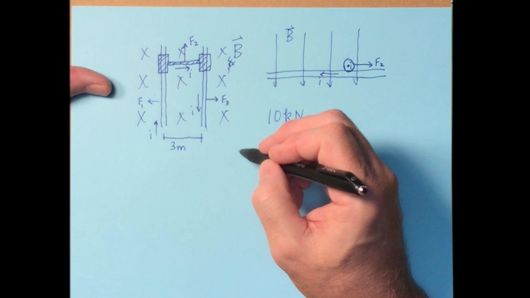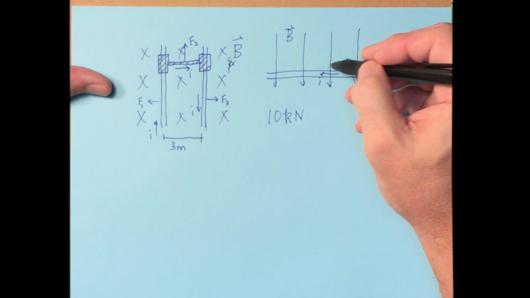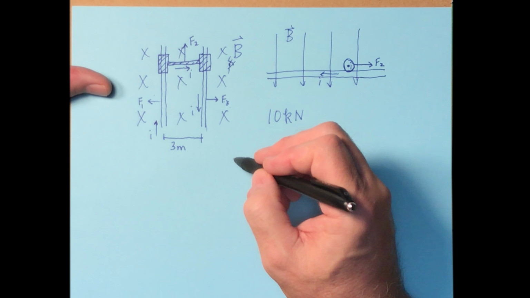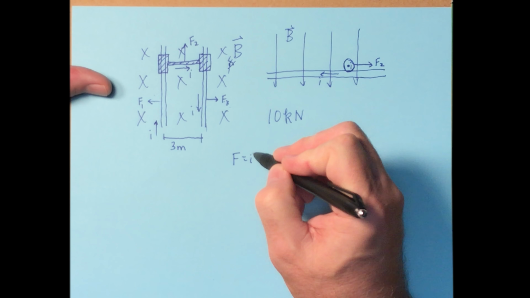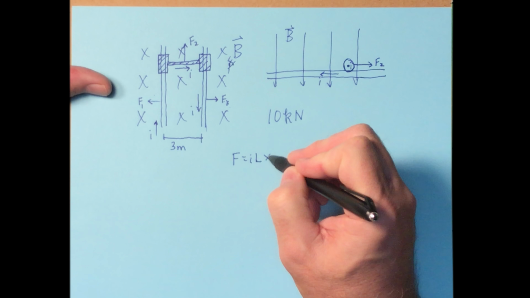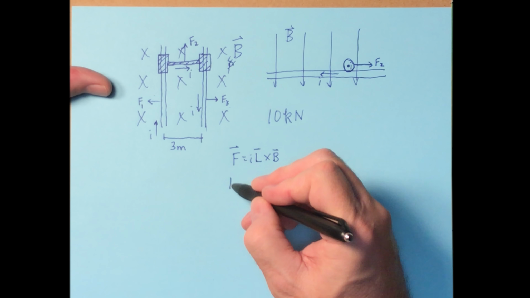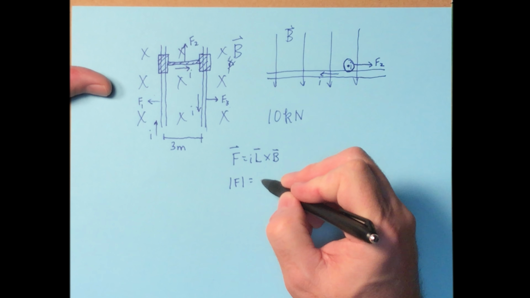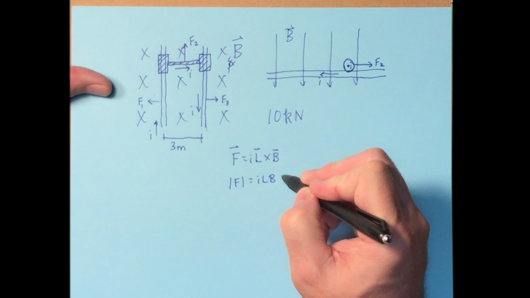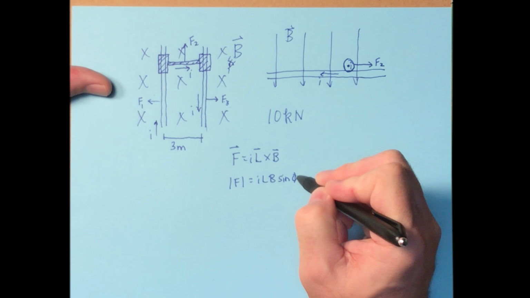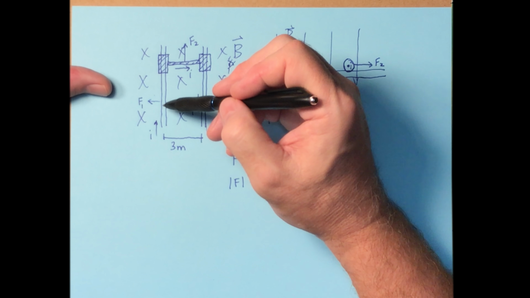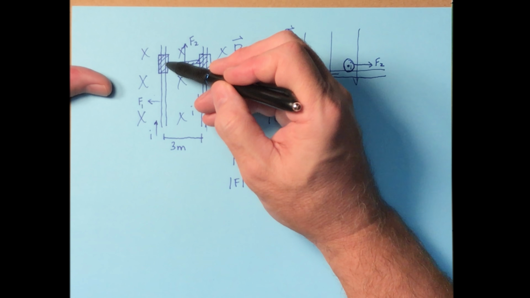So based upon our assumptions here that everything is at right angles to each other, then F equals I L cross B reduces down to the magnitude of F is equal to I L B times the sine of the angle between L and B. Well, L is this distance here.